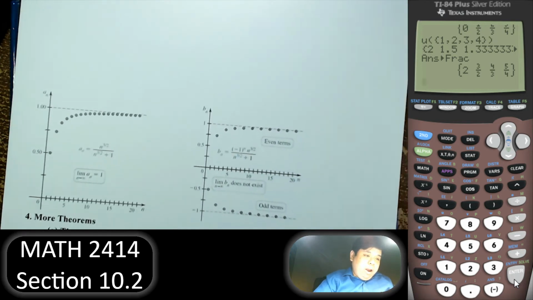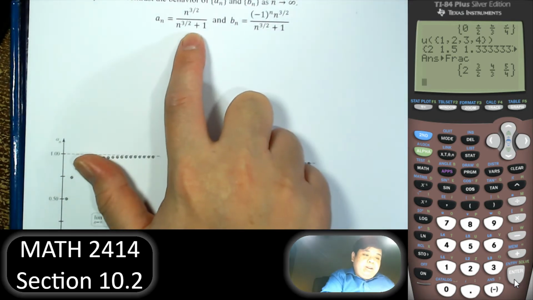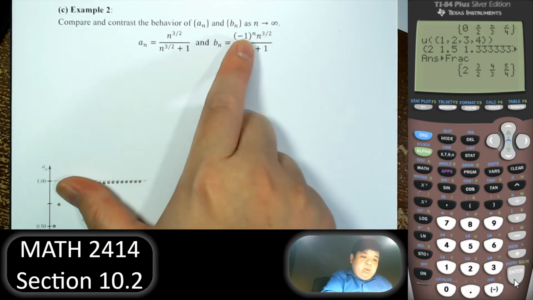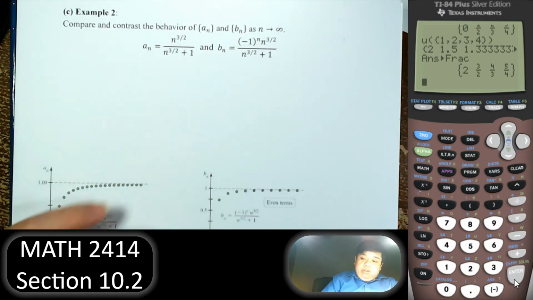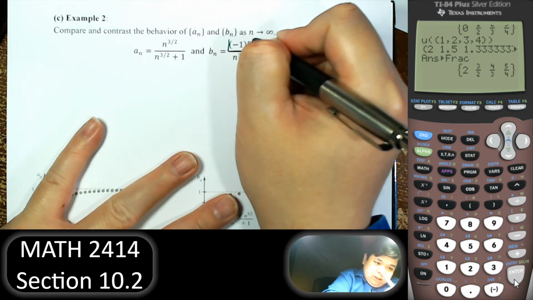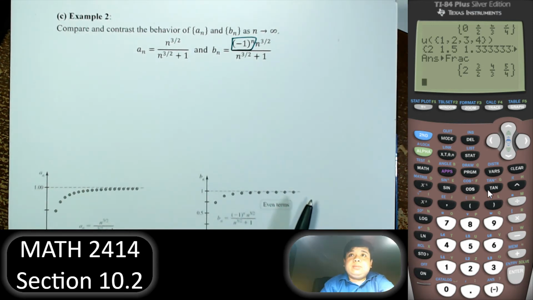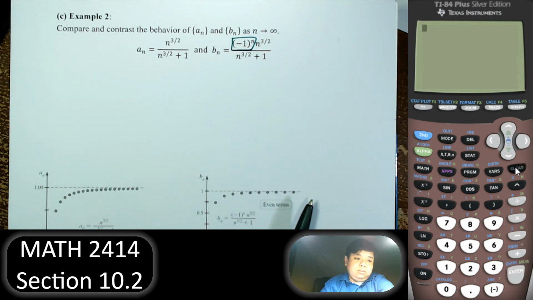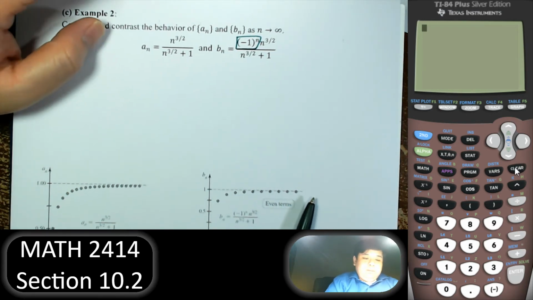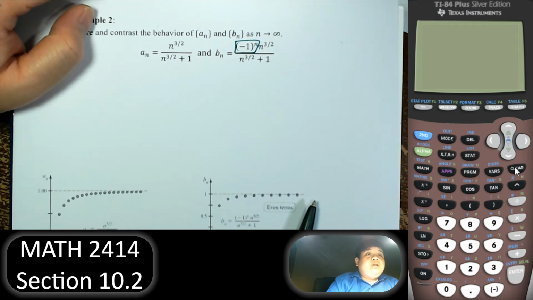Next, compare and contrast the behaviors of n over n plus 1 and then with the negative 1 to the n. So the difference of the two is this one. So what is the significance of that? Right. Let's just find the limit. We'll see, right?